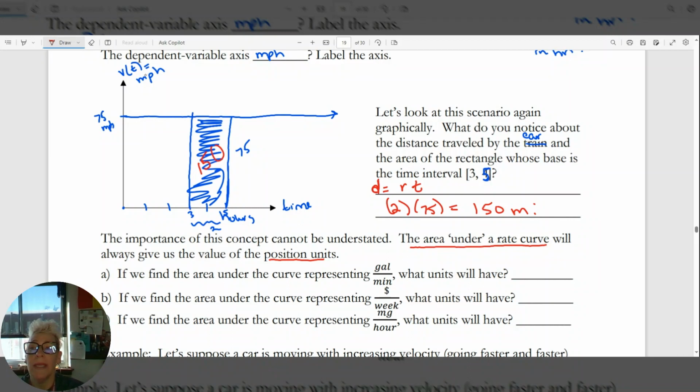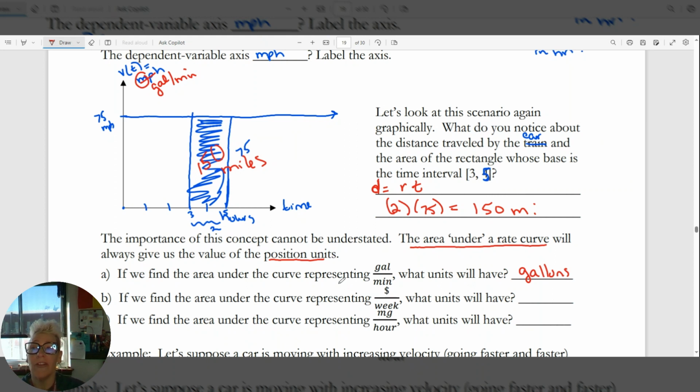Meaning, we did a miles per hour graph, and the area under this curve gave us miles. If this curve had been, instead of miles per hour, had been in gallons per minute, then the area under this curve would have given us the number of gallons.